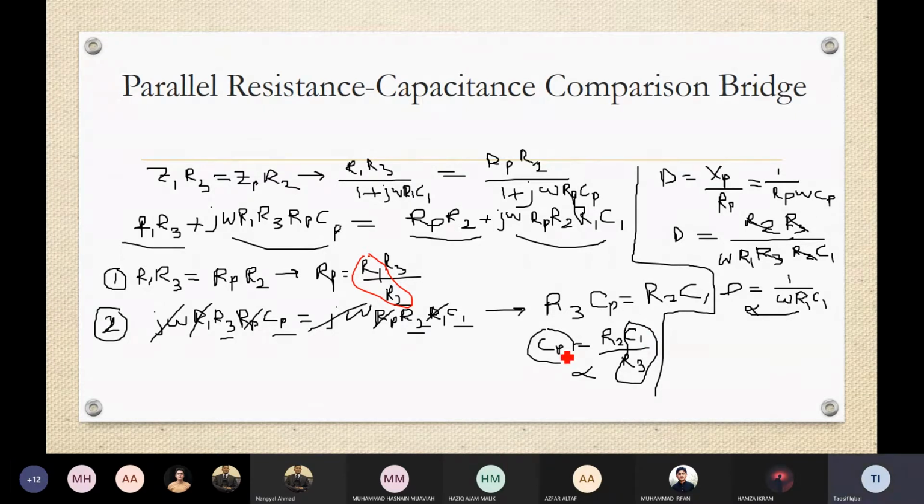So Cp is directly proportional to R2. If the value of Cp is higher, R2 is going to be higher, so that the bridge is going to balance.